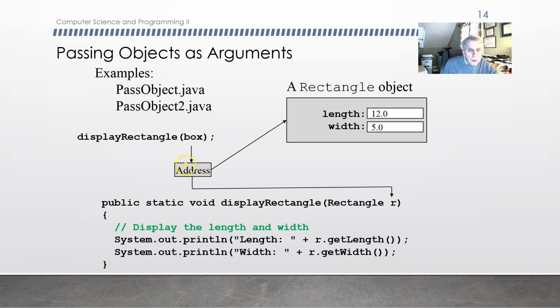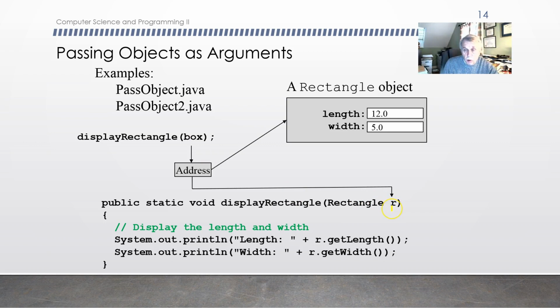So what we see here, let me do a little bit of emphasis. What we see here is we've got the address that's in box, and if we follow the address, we go to wherever in memory the rectangle object resides. So when I'm passing box to this routine called display rectangle, I am receiving, through the parameter called r, a reference variable, or the contents of a reference variable.